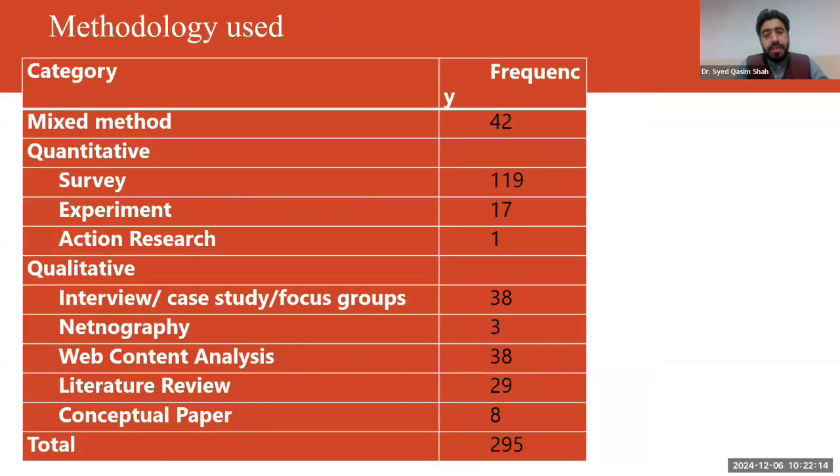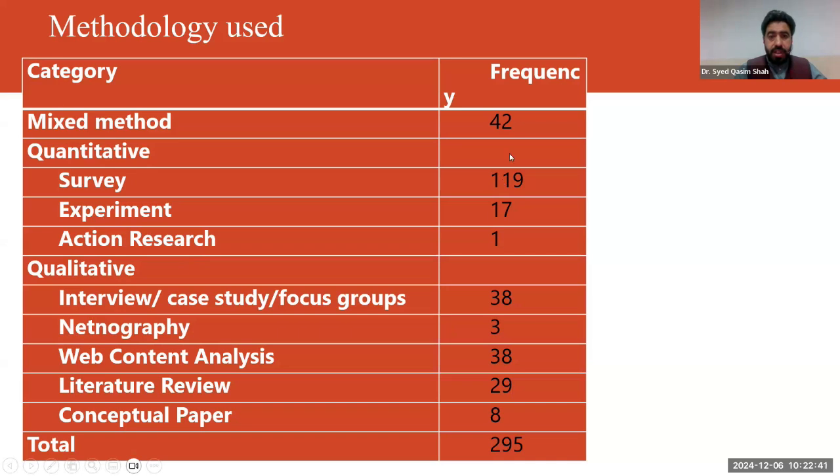Then methods: what method has been used, and what was the frequency of these methods. Let's say the mixed method, a mix of quantitative and qualitative, 42 studies have been done using the mixed method. Within quantitative, we have three main types of research: survey, experiment, and action research.